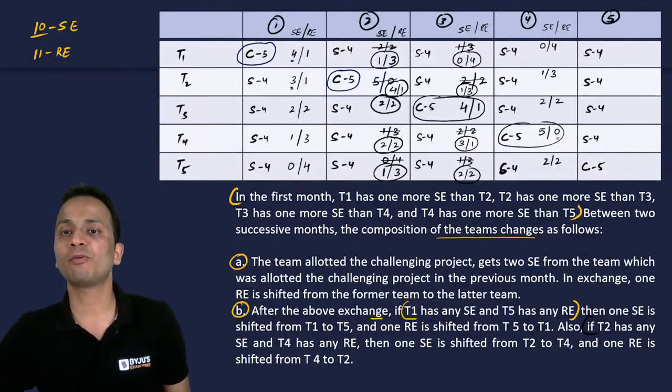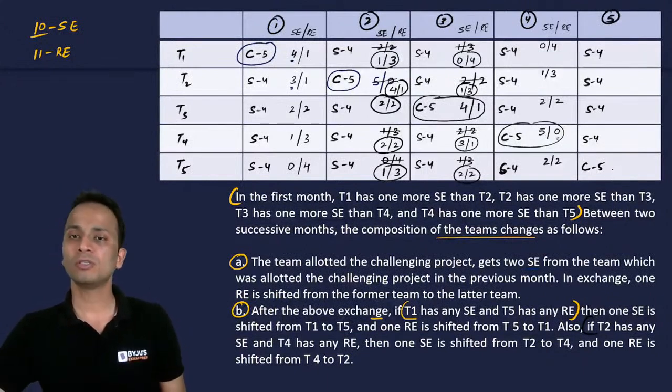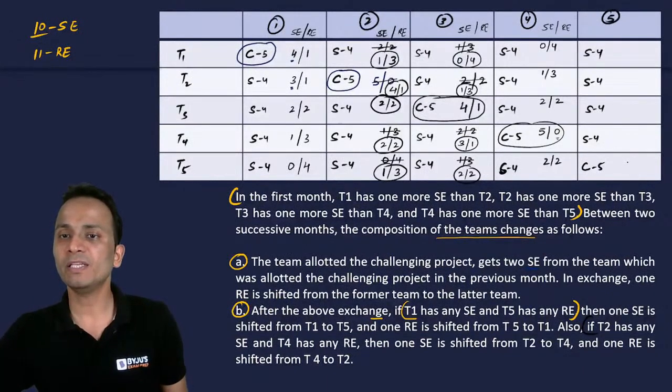Next, for month 5, T4 had the challenging project, and in month 5 T5 got the challenging project. So what will happen? SE will increase by 2, it will become 4, and RE will decrease by 1. And for team 4, it will become 3, 1. Others I'll write as it is: 0, 4, 1, 3, and 2, 2. Okay.